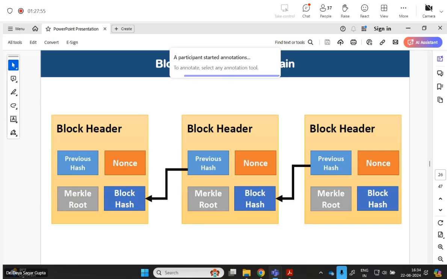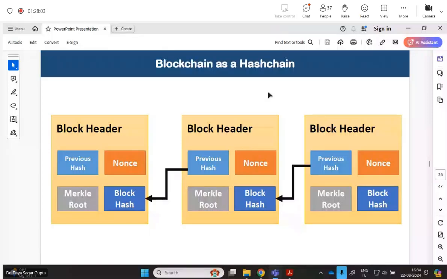So for complicating things, we are doing all of this so that the attacker cannot find it easily, and the task of the attacker is increased and computationally high.